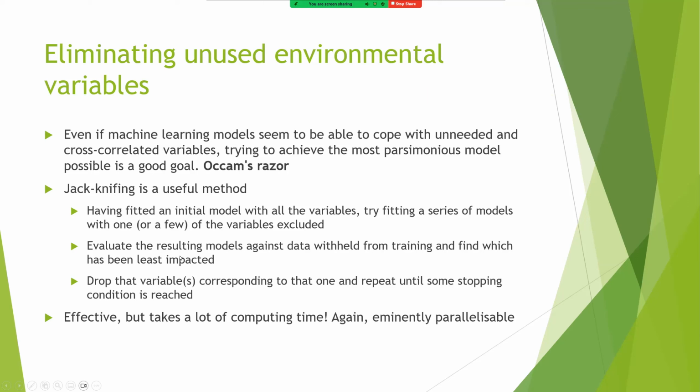Again, you evaluate the resulting models against data that was withheld from the training, and you find the one where removing a variable has made the least difference. And then the variable you remove to get that model you drop, and you go round again, and you keep doing that until you reach some stopping condition, like the model will degenerate unacceptably if you remove any more.